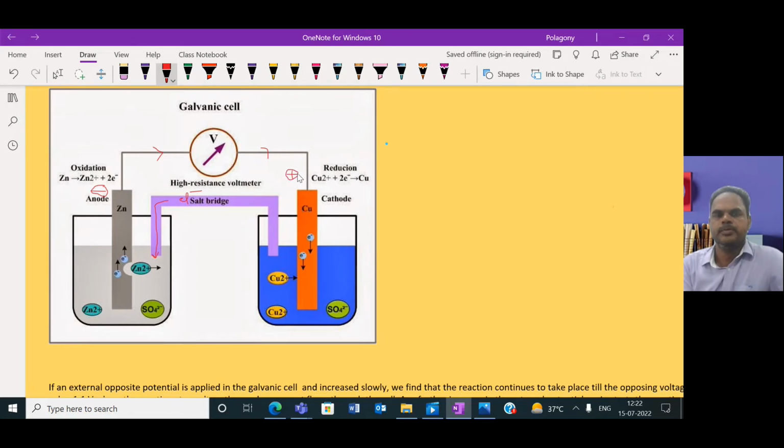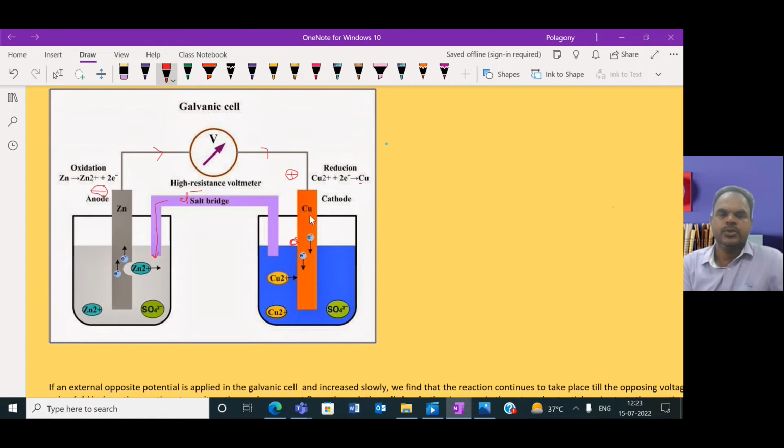The sign of the cathode is positive internally because once the cathode receives the electrons, it gives them to the cupric ions present in the electrolyte solution. The cupric ions gain 2 electrons from the cathode, and copper is deposited over the surface of the cathode. The copper metal is deposited.